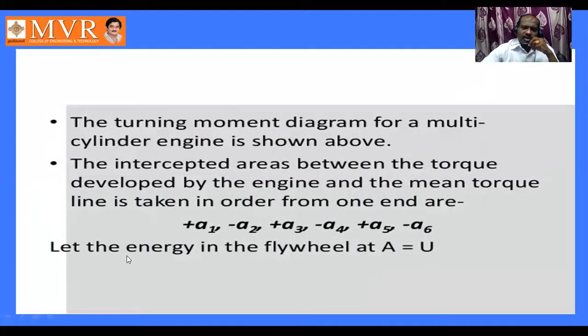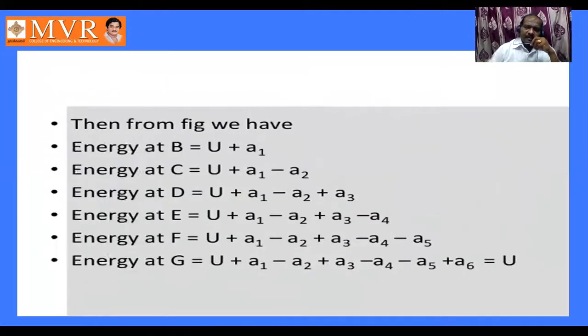Let the energy of the flywheel at A be equal to U. That means at the beginning it is U. When energy is supplied by the external forces to the flywheel, the energy at B means it gained energy, that means initial plus A1. At C it is initial plus A1 minus A2. Like that, energy at D is U plus A1 minus A2 plus A3.